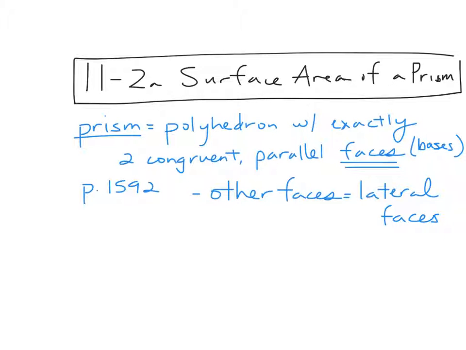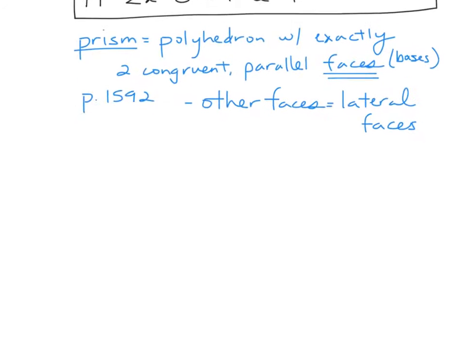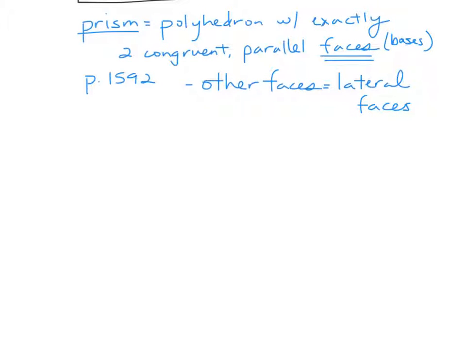Okay, we're going to talk 2 different formulas for a lot of different figures in this chapter. Today, we're just talking prisms, but we're going to talk about the lateral area. Okay, and we're going to talk about the surface area. When we talk lateral area, most of the time, it's just going to be written as LA. Okay, that's lateral area.